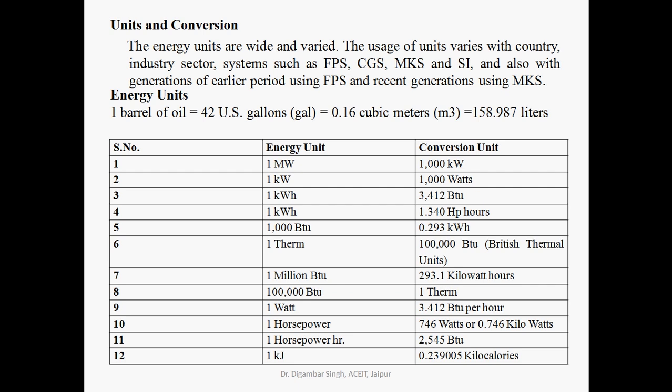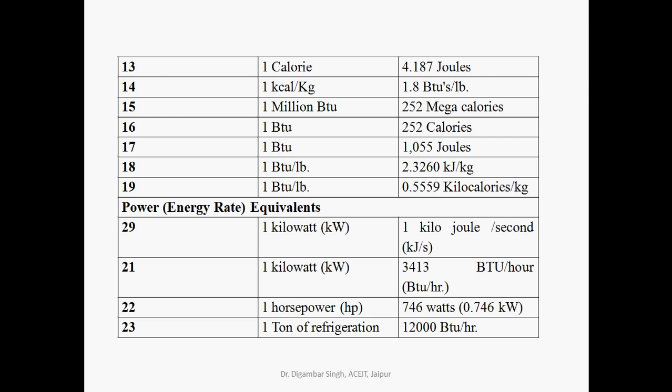So in the energy unit and conversion, 1 megawatt is equal to 1000 kilowatt, 1 kilowatt is equal to 1000 watt, and similarly 1000 BTU is equal to 0.293 kilowatt, and similarly 1 kilojoule is equal to 0.23905 kilocalorie, and similarly 1 kilocalorie per kg is equal to 1.8 BTU, and 1 BTU is equal to 1055 joule, and again 1 BTU is equal to 0.5559 kilocalorie per kg.